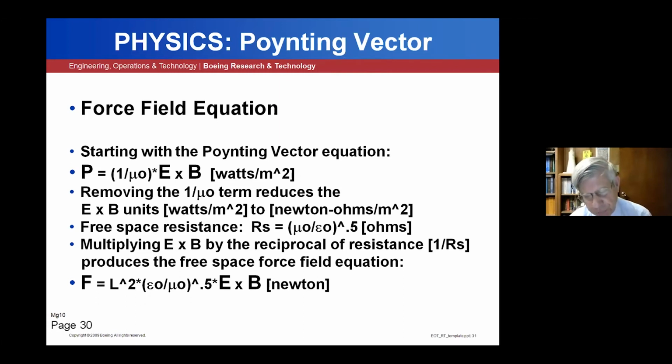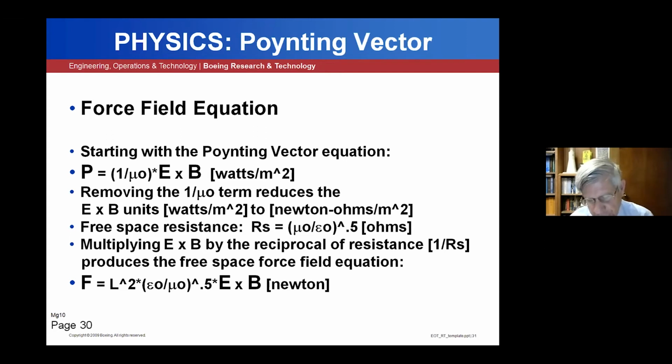So first I remove the magnetic permeability constant, which reduces the equation from watts per meter squared to newton ohms per meter squared. And then the free space resistance is equal to the square root of the permeability divided by the permittivity. And you put that substitution in there.